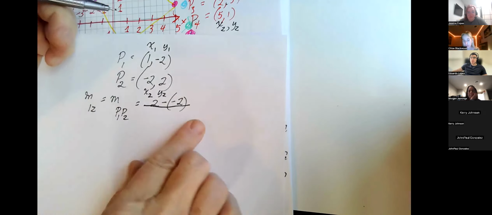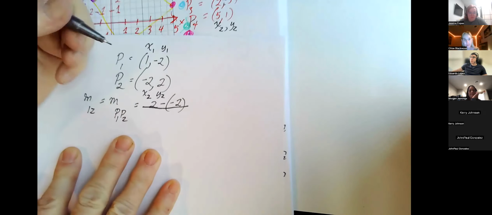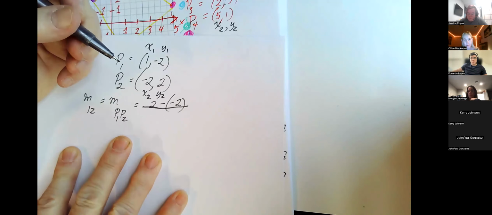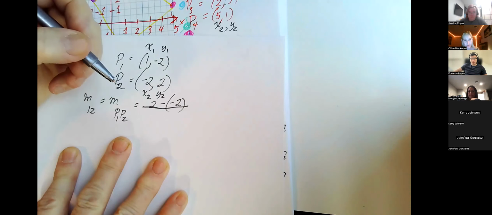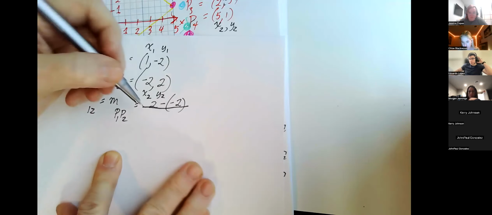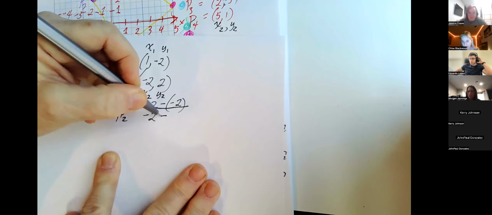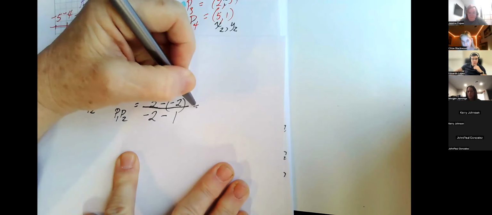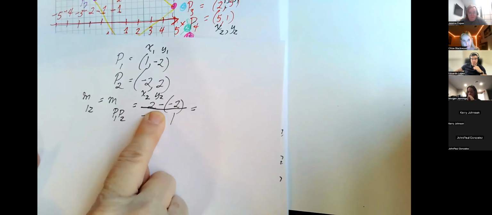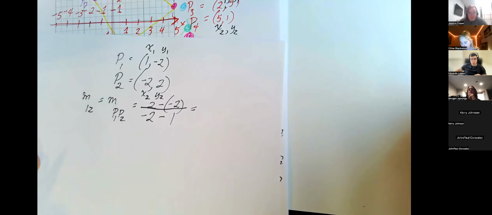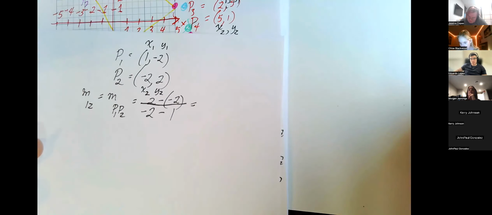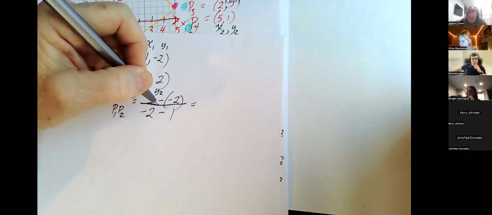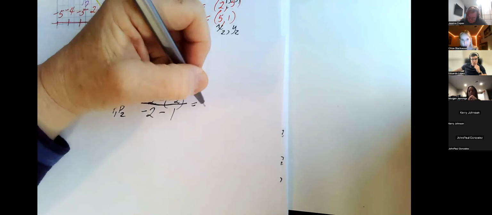Okay, let's see, X2. Negative 2, excellent. And X1. 1, marvelous. What do we have to do if we have a negative in front of parentheses? It becomes a plus. That's right. So 2 negatives in a row become a positive.